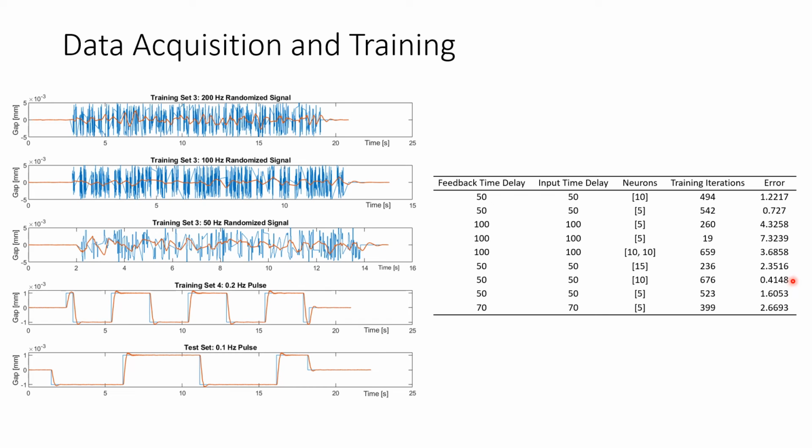And in this experiment, we used 50 time steps feedback time delay, 50 time steps input time delay, and 10 neurons in one single layer, and we trained it 676 iterations.